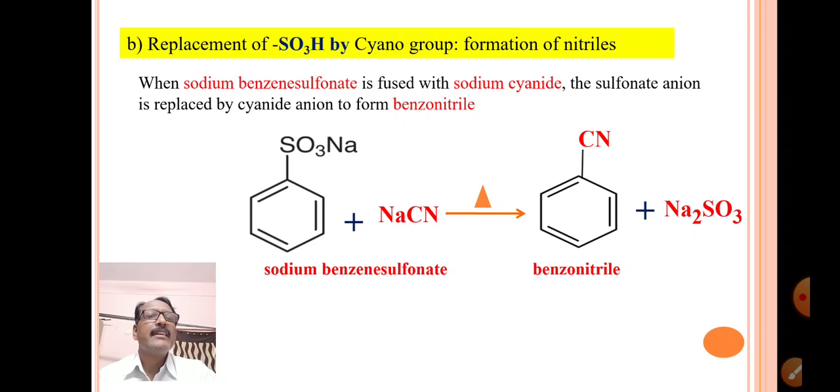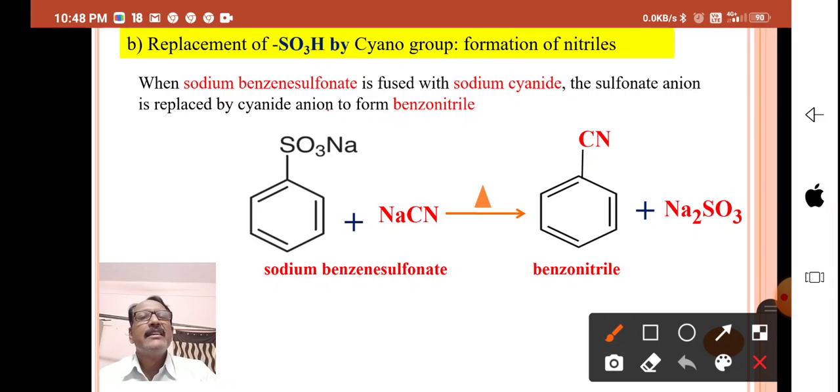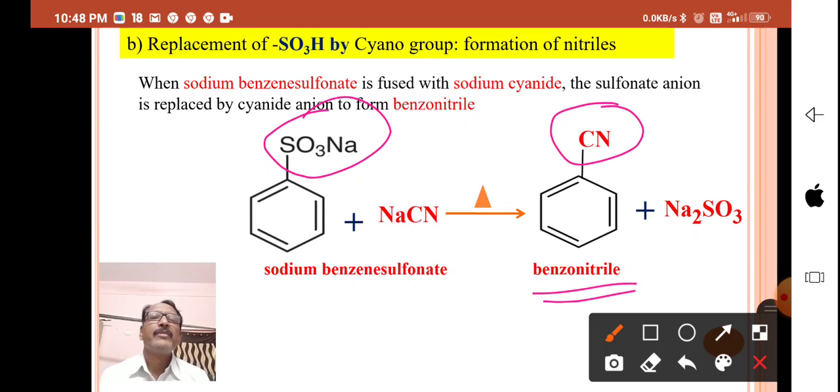We can see here SO3Na is replaced by CN. That means SO3H is replaced by CN, there is formation of benzonitrile. Whenever the sulfonic acid group of benzene sulfonic acid is replaced by OH, there is formation of phenol. When the SO3H group is replaced by cyano group, there is formation of benzonitrile.